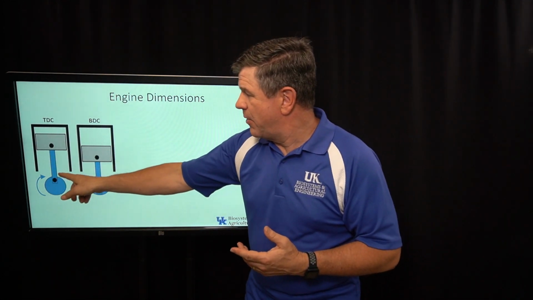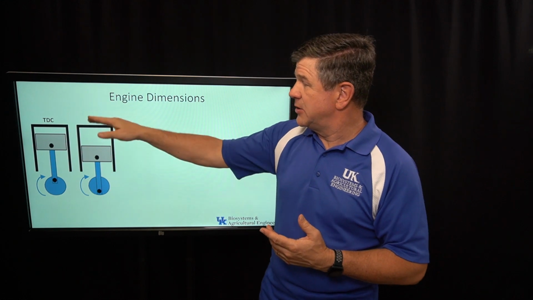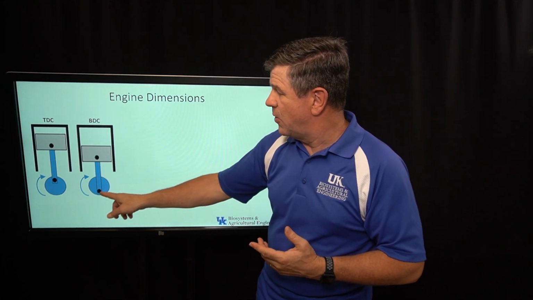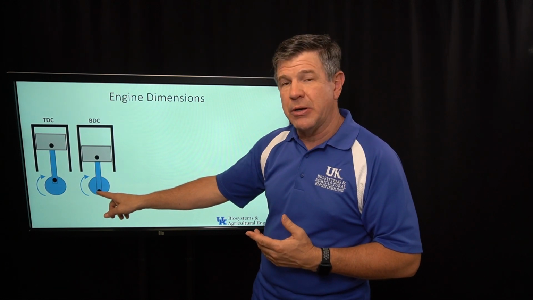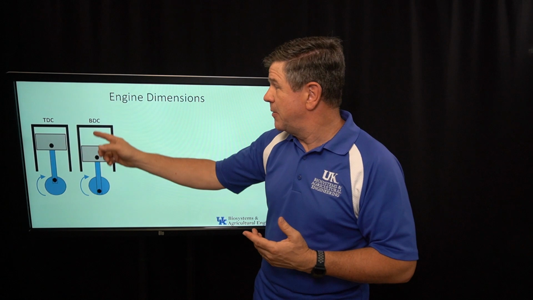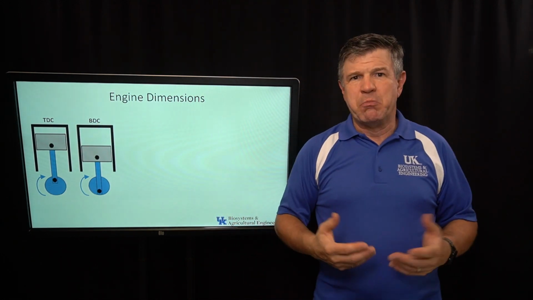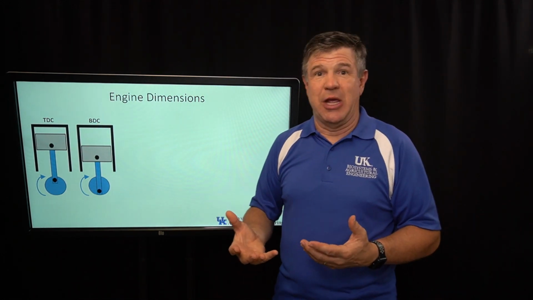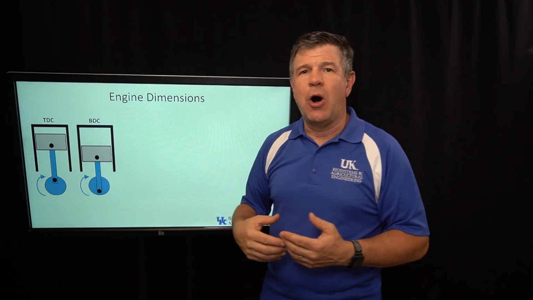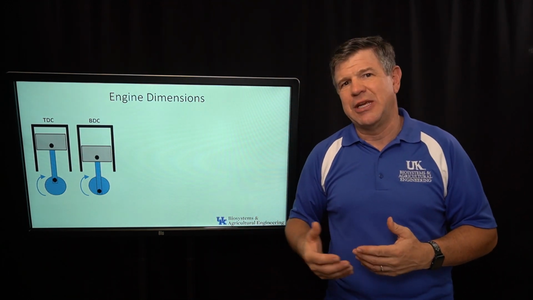Now, when that crank rotates on around and comes down, it's going to pull this piston down, all the way to the bottom here. This position where we have the crank at the bottom, we have labeled as BDC, which stands for bottom dead center. Sometimes we'll actually see this called crank dead center as well, CDC.